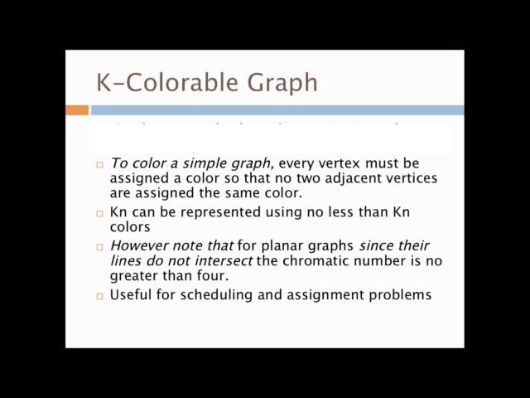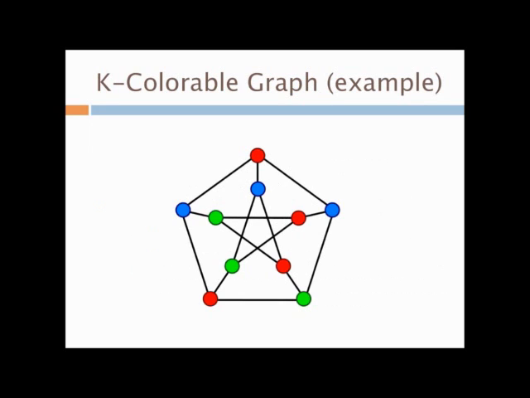However, it is important to note that for planar graphs, since their lines do not intersect, the chromatic number is no greater than 4. They are useful for scheduling and assignment problems. This is an example of a K-colorable graph, and here in this one we have 3 colors.